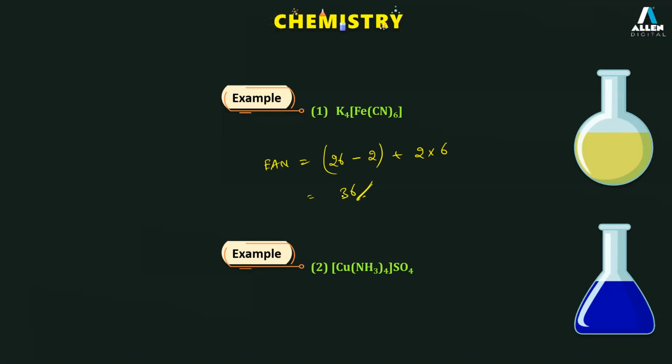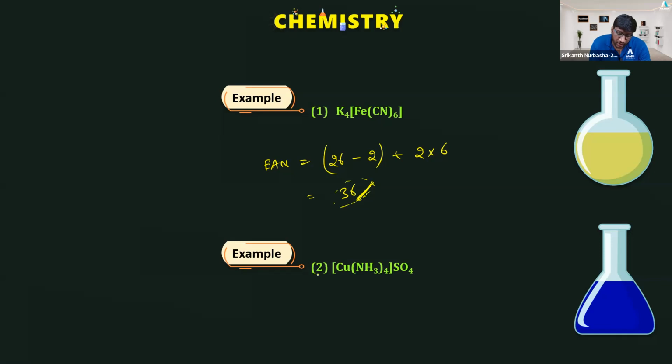Yes, sir. Krypton. Helium, neon, argon, krypton: 2, 10, 18, 36. So you will have the nearest inert gas configuration, so it is going to be stable.